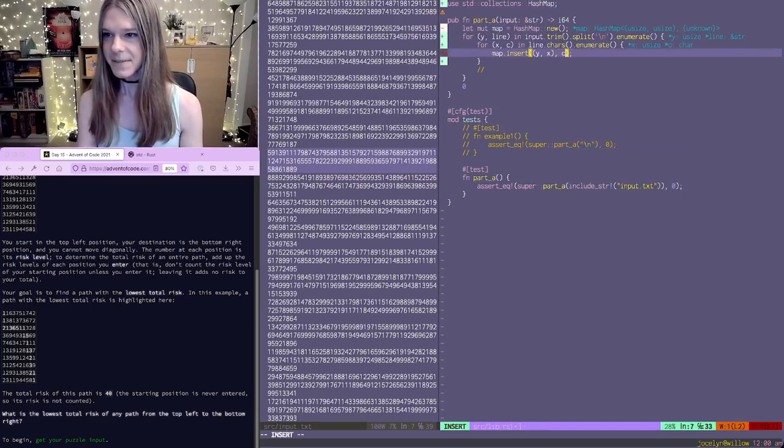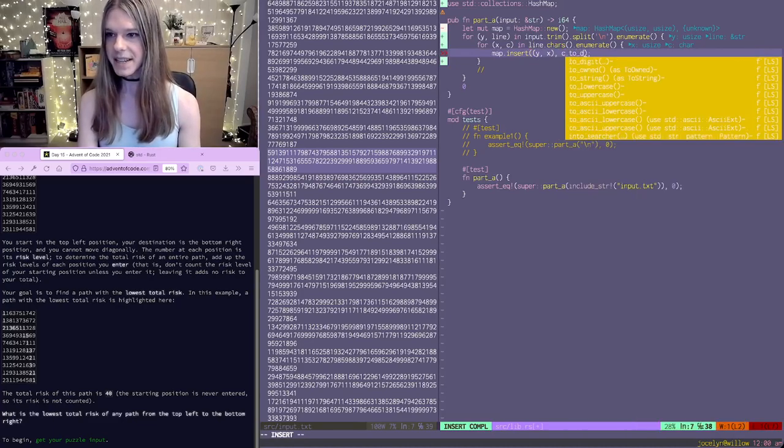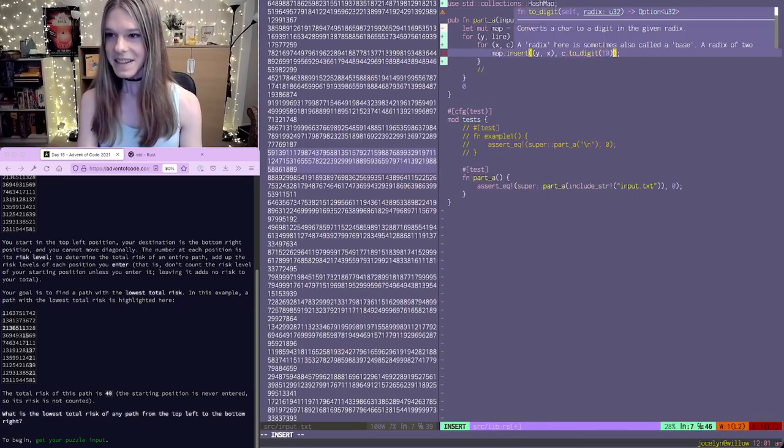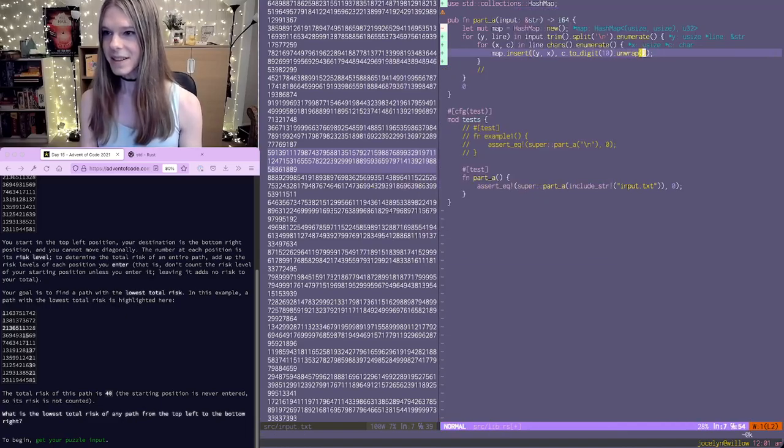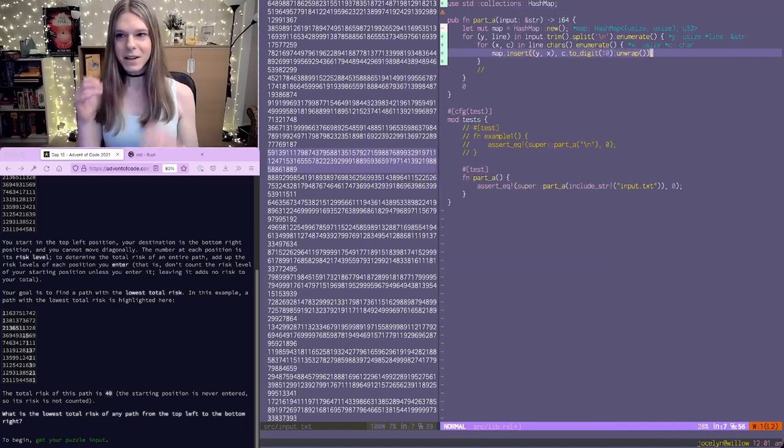Yeah, and this is the risk level, so that is to_digit base 10 dot unwrap. Wonderful. And now we have our maps.